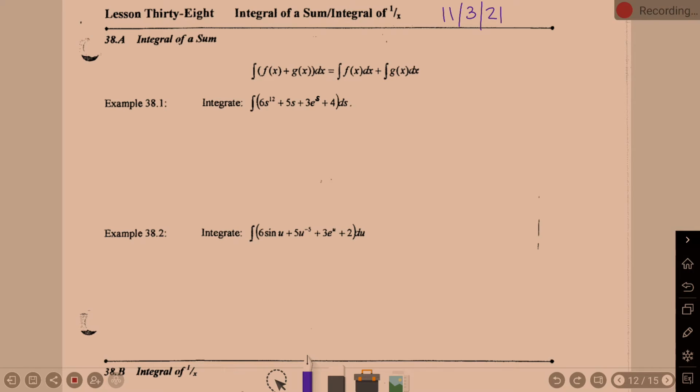So to go with the theme of, okay, integral of a sum here, the idea that there are 4 different terms being added together. So officially what that means is we can break this up into 4 individual integrals.